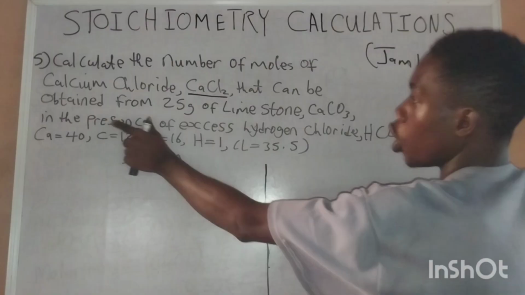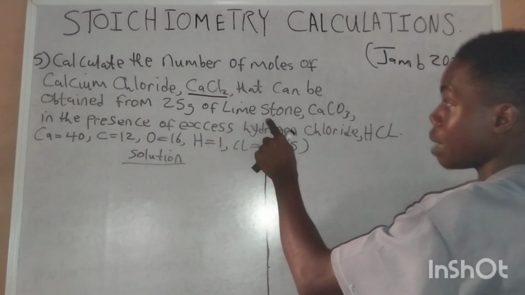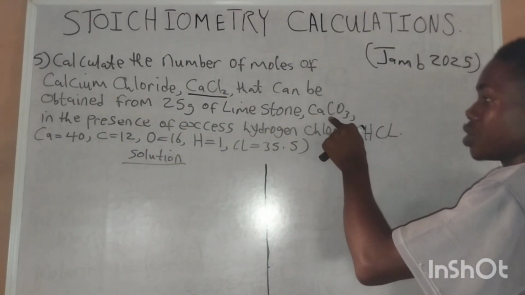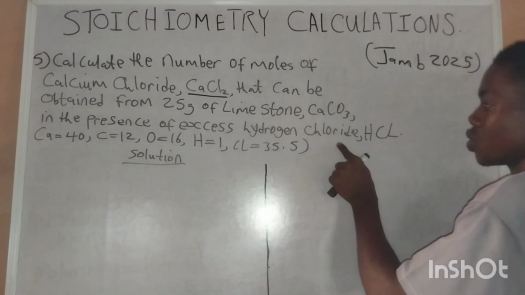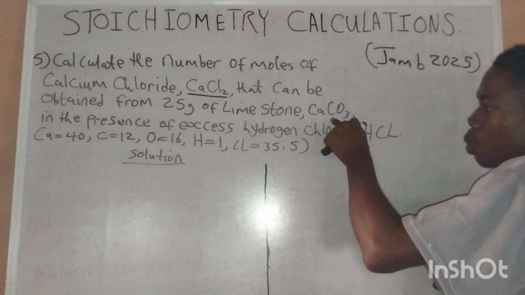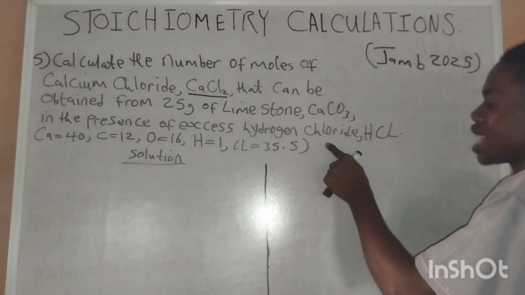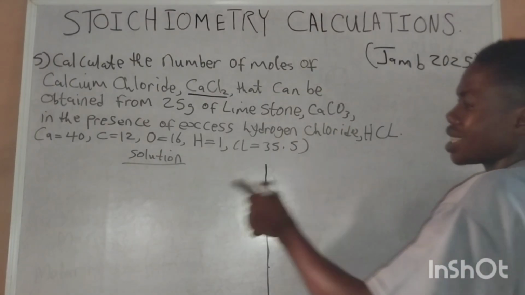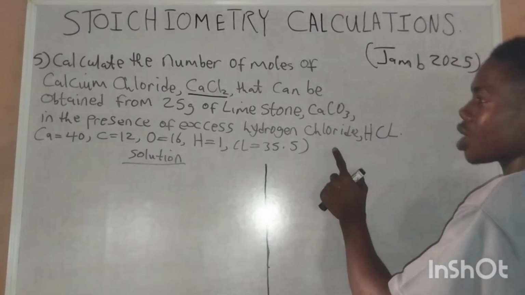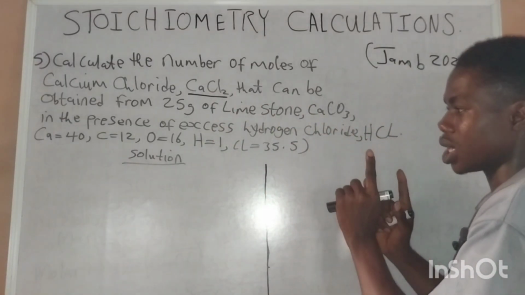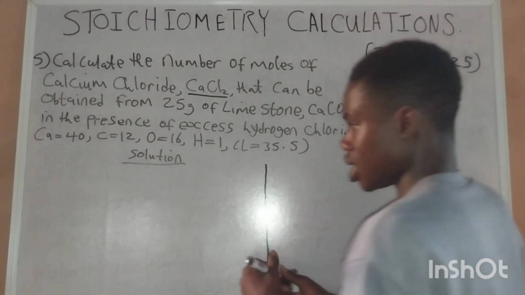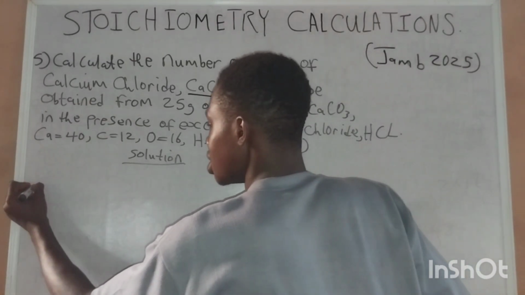The question says it can be obtained from 25 grams of limestone, CaCO3, in the presence of excess hydrochloric acid. So it was this limestone, CaCO3, and this hydrochloric acid that went into reaction at the reactant side to form the product. And of course, calcium chloride was one of the products. So we're going to balance the equation first.